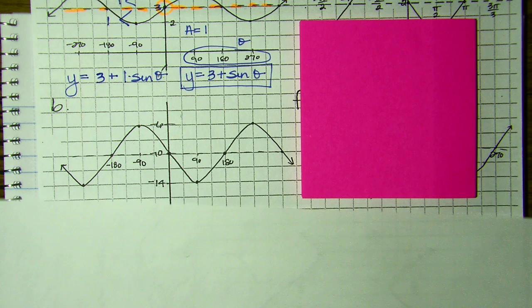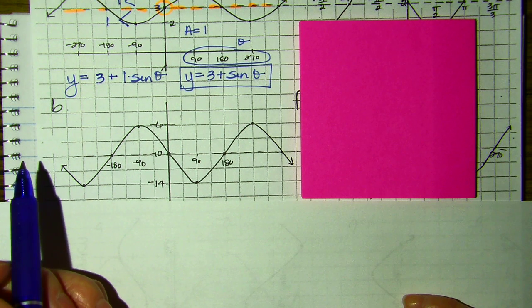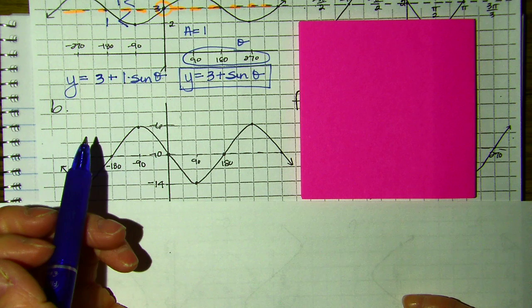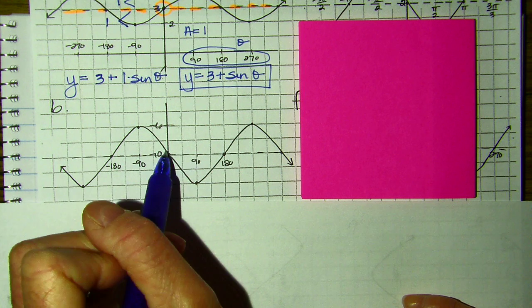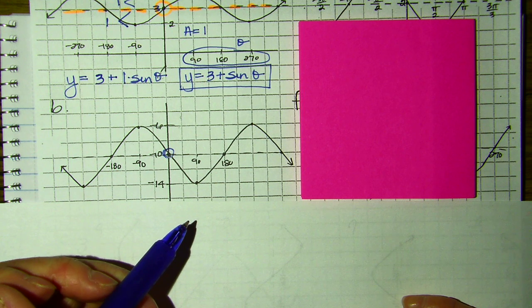I'm sorry, let me grab another piece of paper because I'm trying to do these one at a time. All right, so now let's look at this. Now I'm going to assume that this is a sine as well because of the location of this.